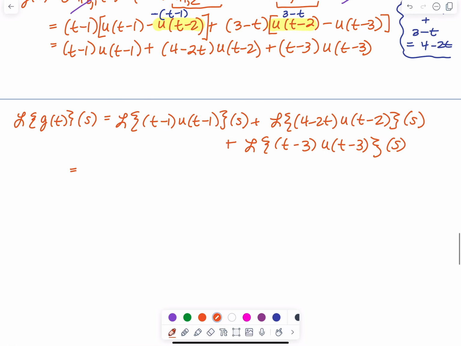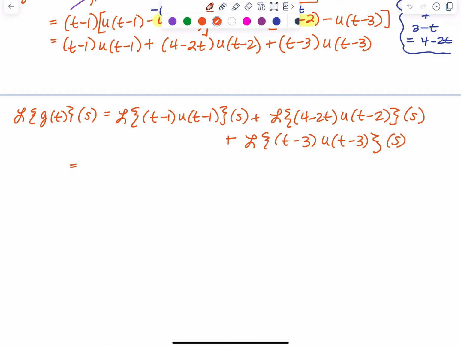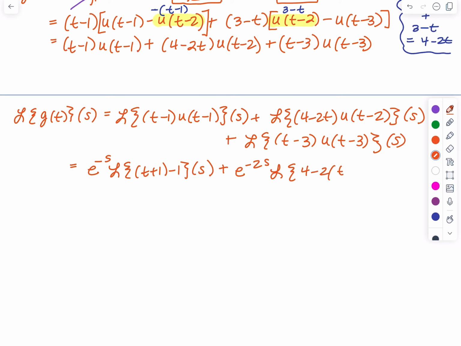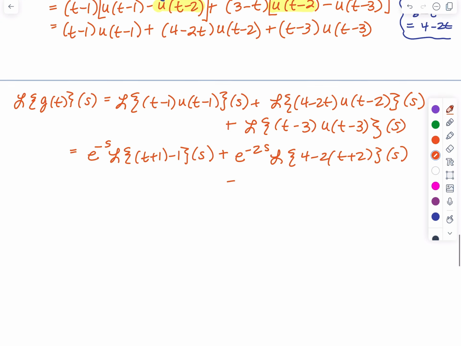So that gives us, of course, we're going to use our formula from our table, e to the negative s multiplied by the Laplace transform of t plus 1 minus 1 of s, plus e to the negative 2s multiplied by the Laplace transform of 4 minus 2 times t plus 2 of s, plus e to the negative 3s multiplied by the Laplace transform of t plus 3 minus 3 of s.